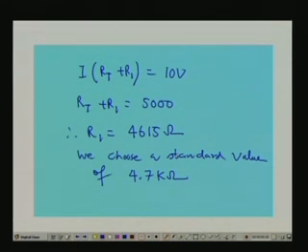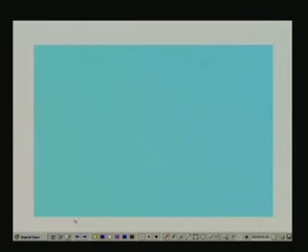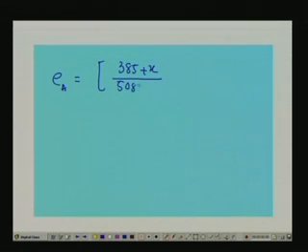Now, again from the Wheatstone circuit, we see that the output voltage EA equals (385 plus X) upon (5085 plus X) minus 385 by 5085, into 10.